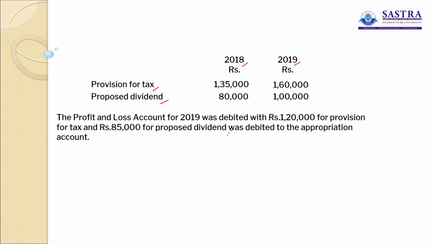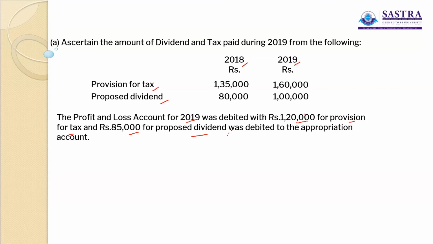Further, it was given in the question that the profit and loss account of 2019 was debited with 1,20,000 towards provision for tax and rupees 85,000 towards proposed dividend. So rupees 85,000 was debited to the appropriation account, and 1,20,000 was debited to the profit and loss account as current year provision.